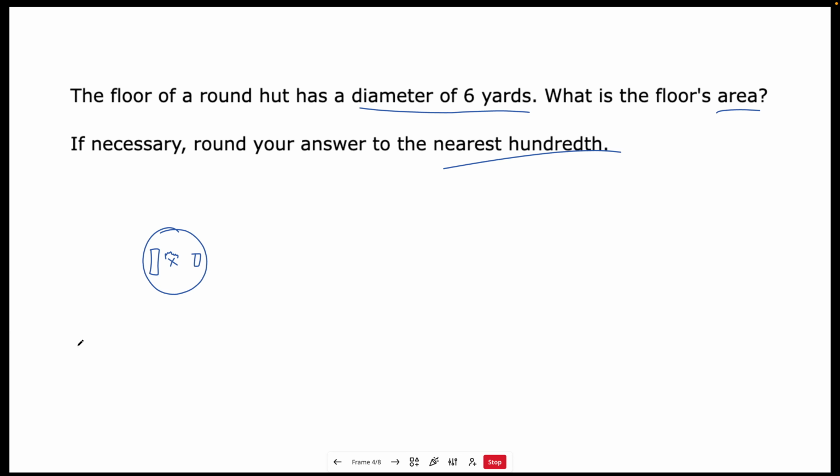The area formula for a circle is area equals pi times the radius squared. Area equals pi r squared. And so r is the radius. They tell us the diameter is 6, so we should know that the radius is therefore 3. So for pi, we're going to use 3.14. Please use 3.14 in this IXL, because if you use the pi symbol, you'll get the wrong answer.